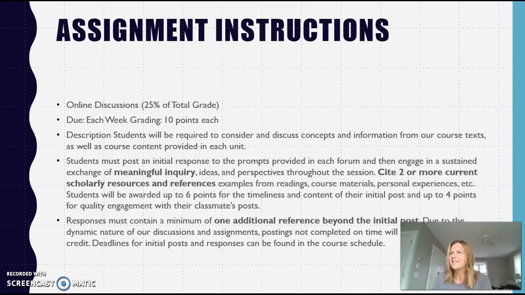So again, not just oh, I agree about what you said there, or I like this. Try to include some information from one other resource. So your responses should have one additional reference, and it shouldn't be one that was used in the initial response. It should be an additional one.